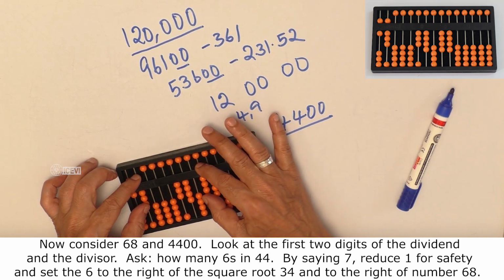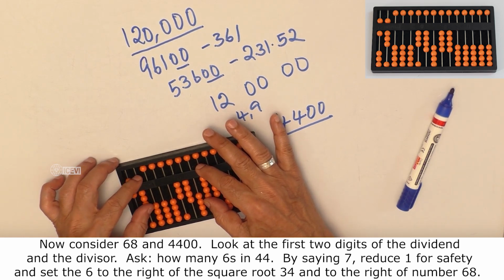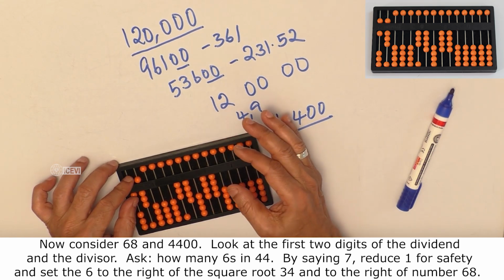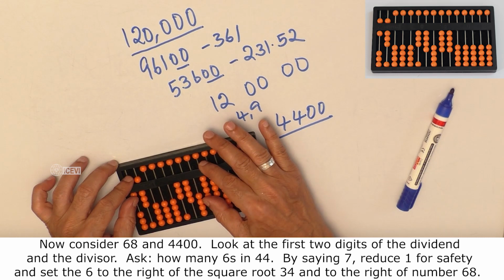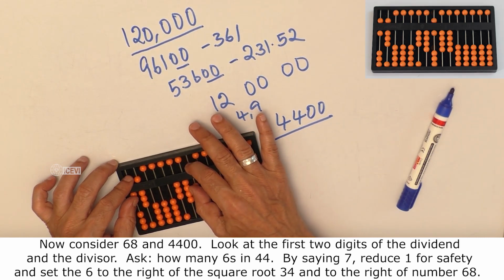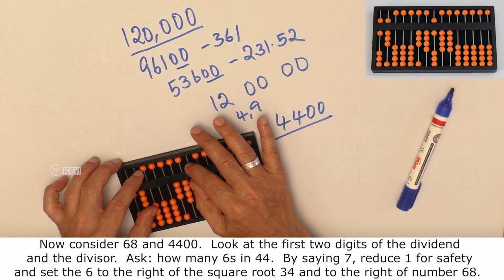Look at the first two digits of the dividend and the divisor. How many sixes in 44? By saying 7, reduce 1 for safety and set the 6 to the right of the square root 34 and to the right of the number 68.